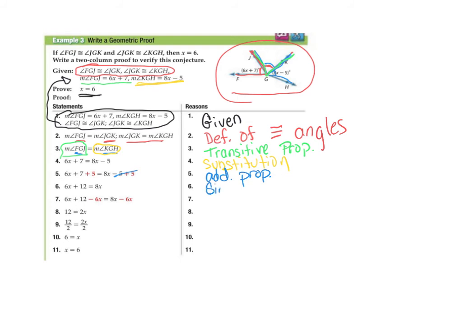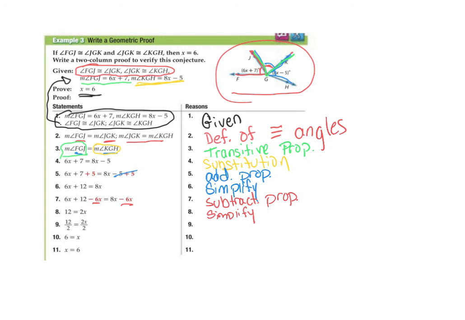So I'm going to write simplify as my next step. Again, I want to isolate my variable, so I want to subtract 6x on both sides. So I'm going to use the subtraction property. And then again, I'm going to simplify my expression.